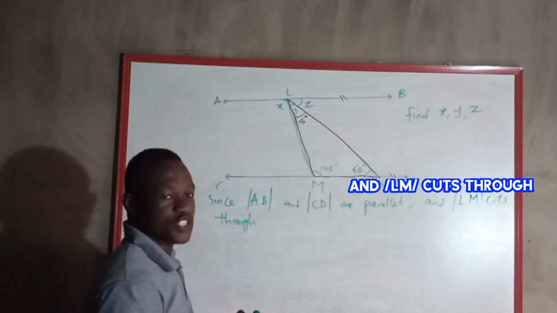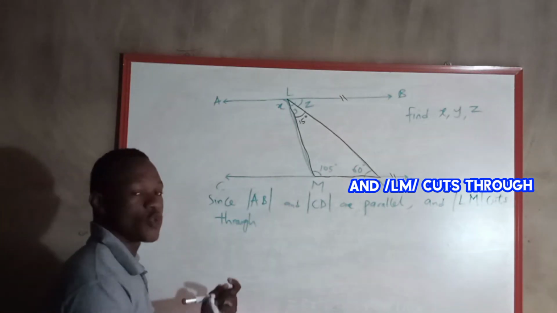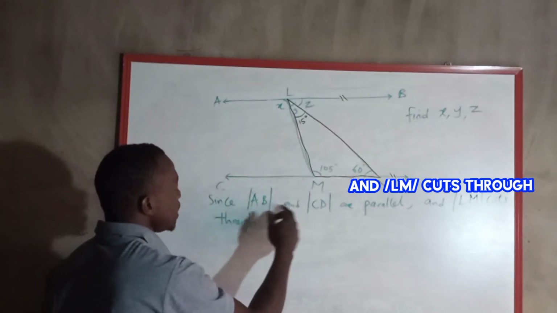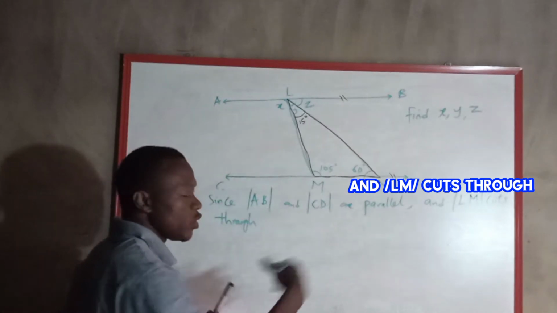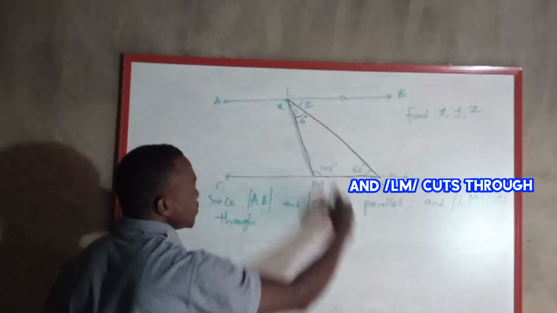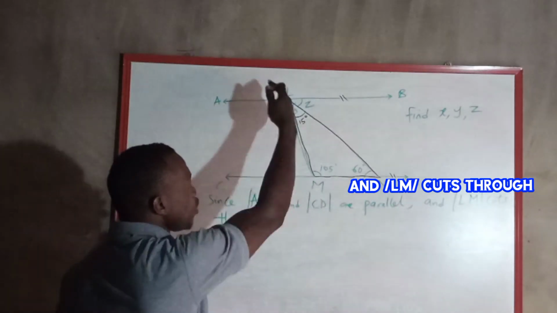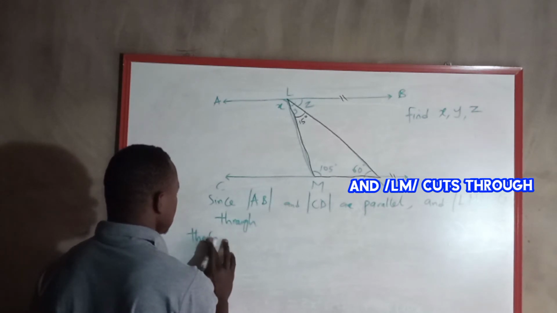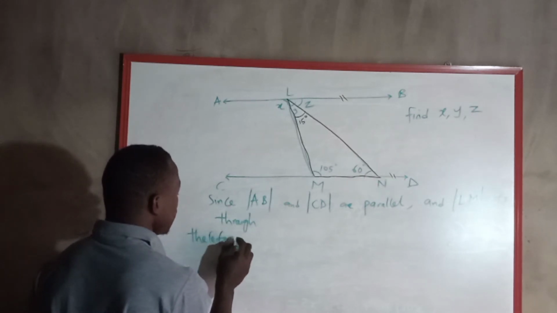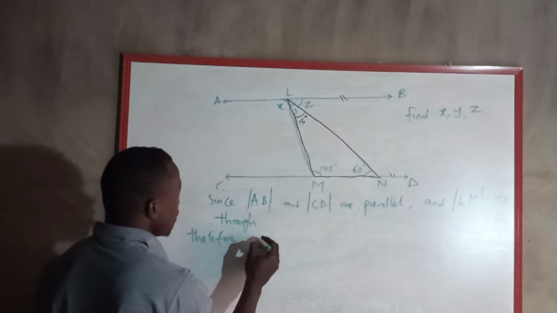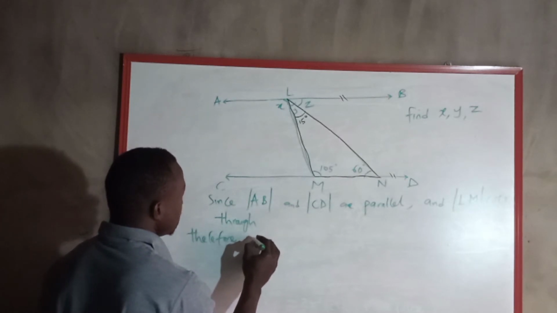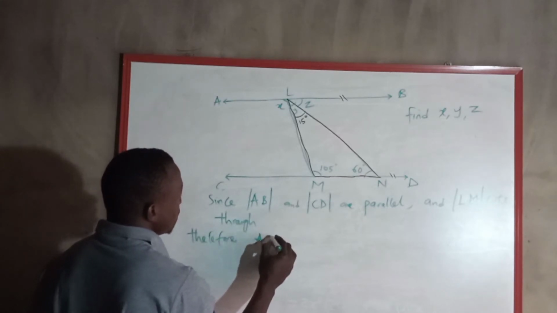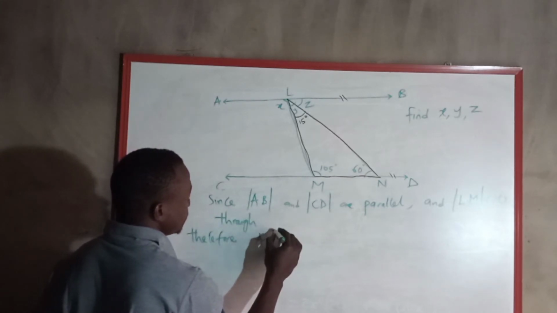Why am I writing this explanation? So that the person marking it will be able to flow with your calculation and understand it. When the person reads that since lines AB and CD are parallel, the person knows that you know what you are doing. And the person will be able to locate line LM that it cuts through.